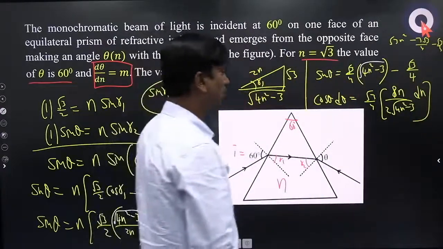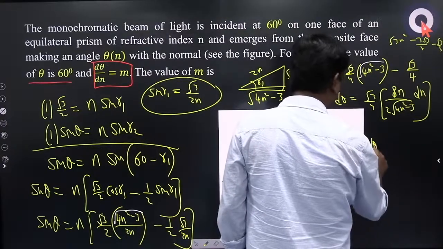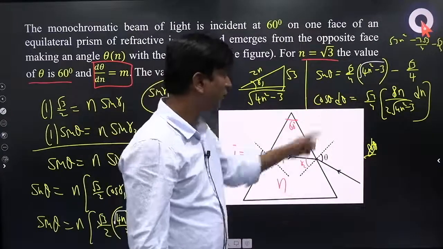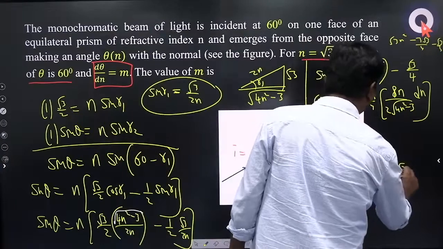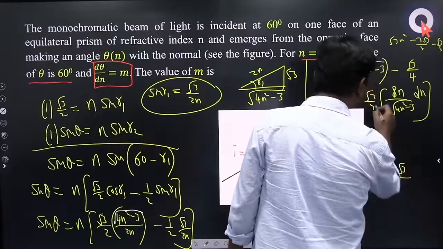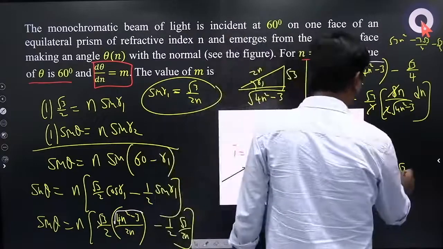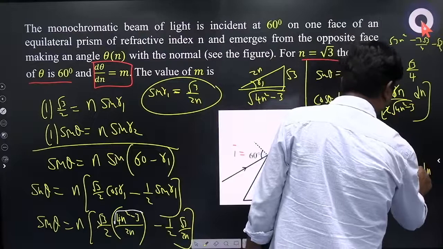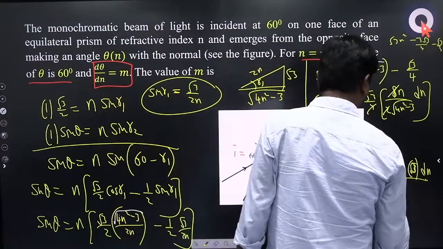Now substitute: at the instant where theta is 60, cos theta is 1 by 2. So 1 by 2 into d theta is equal to root 3 by 4, the 8 cancels, root 3 into n, which is also root 3, dn by root of 4n square minus 3.